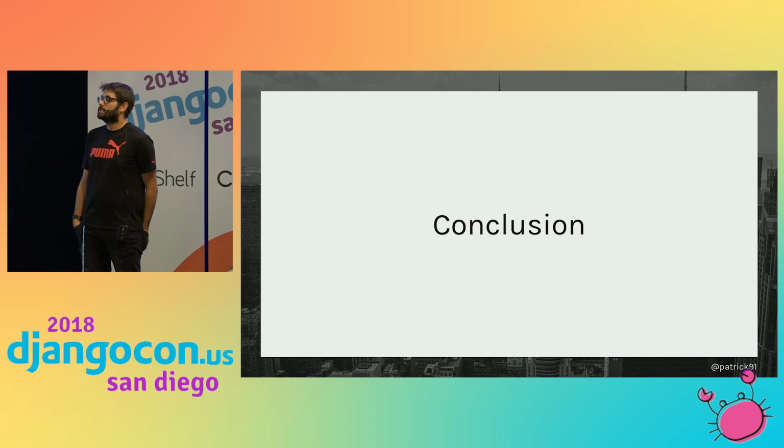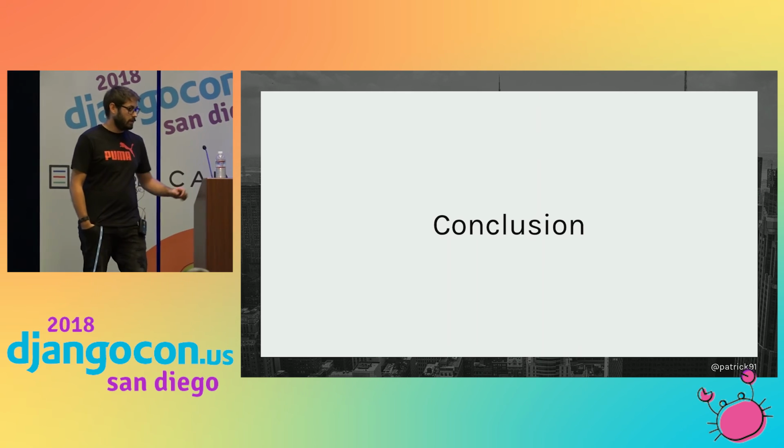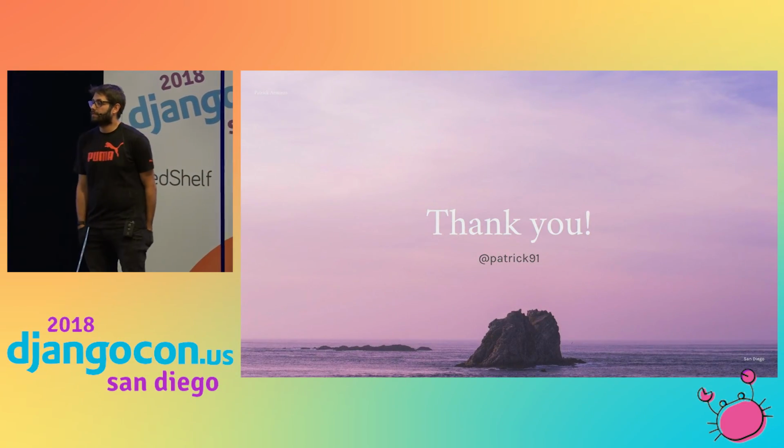And also, it's good for the user because we are not wasting the user's bandwidth. Imagine if you have a lower-end phone, or a connection that's really slow, you only send the data that the client needs, and it should be performant. So I'm going to be at the sprints if you want to work on Graphene, and thank you.